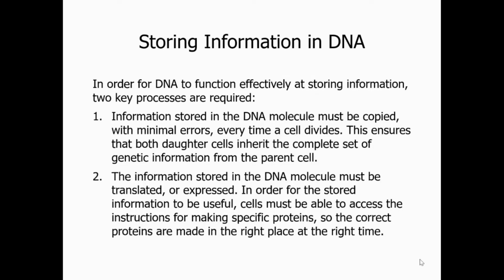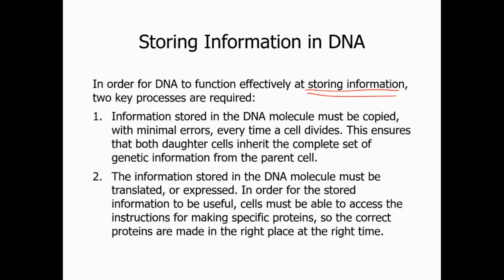Okay, so the next slide talks about why we use DNA to store genetic information. In order for DNA to function effectively at storing information, there are two key processes. The first one is that, in order to store genetic information, you have to be able to copy that information every time a cell divides and make minimal errors, right?